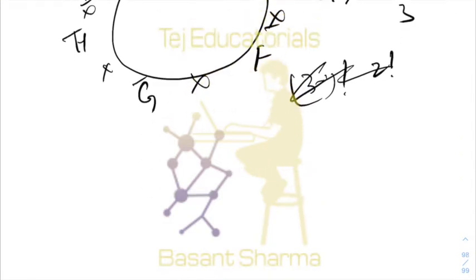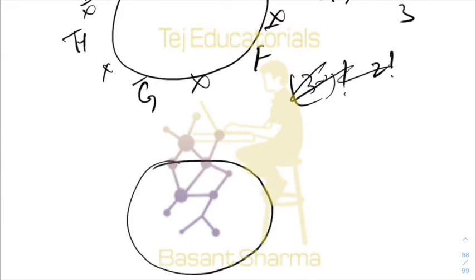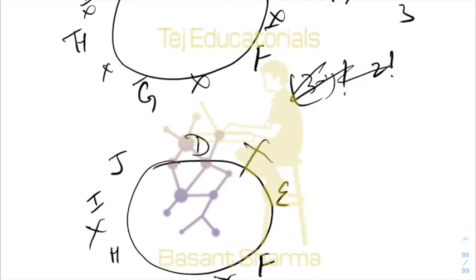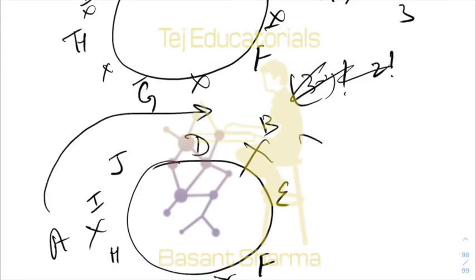For example, suppose one arrangement of the 7 objects is something like this: D, E, F, G, H, I, J. Now if I select, let's say, this gap and this gap, you might have a tendency to argue that, okay, suppose this is A, B and C. If I put A here, B here and C here, then we are rotating clockwise.